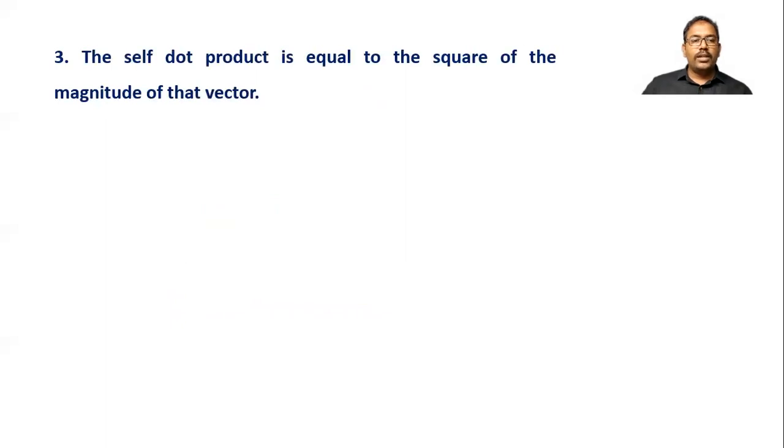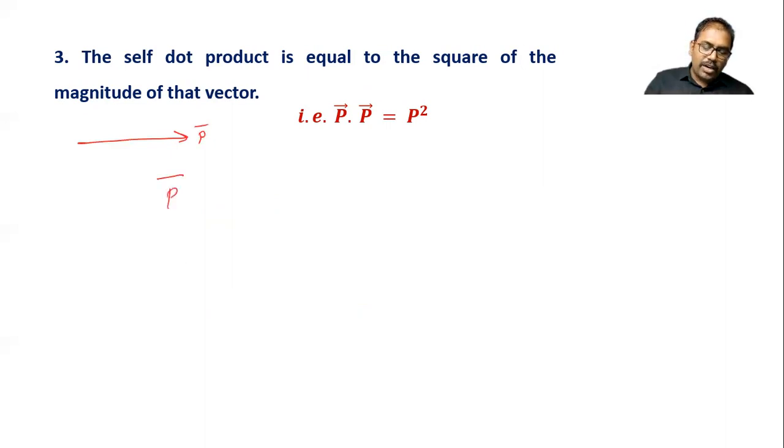Now the third one: self dot product is equal to the square of the magnitude of that vector. It means that if I consider this vector p bar, it makes angle 0 with itself. So p bar dot p bar is equal to, you know that p bar dot q bar is p q cos theta.